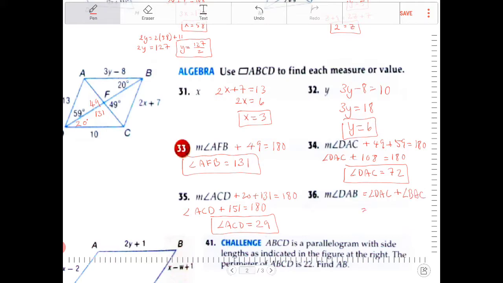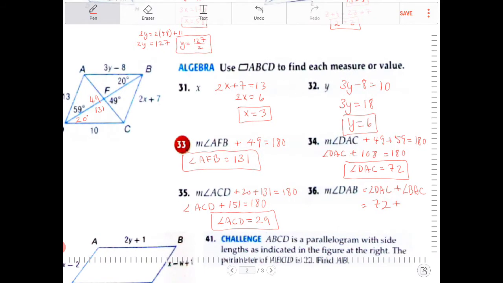Since we know DAC is equal to 72 because we just solved it in question 34, BAC is going to be equivalent to ACD, which we found in question 35. And why is that? Well, that's because of alternate interior angles. So if this guy over here is 29, then this guy must be 29. So if we add them together, we end up with 101.